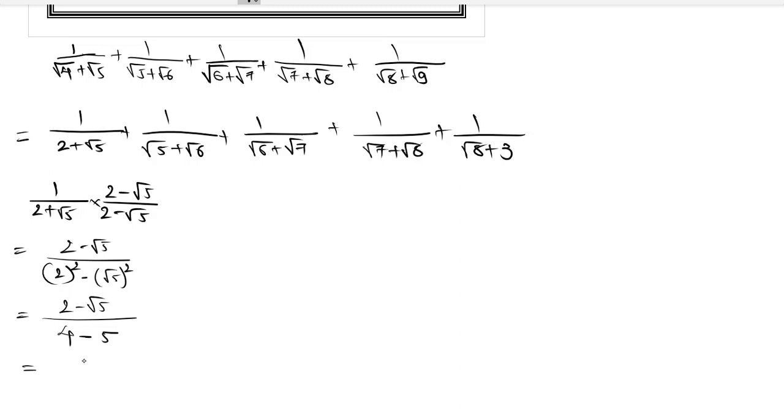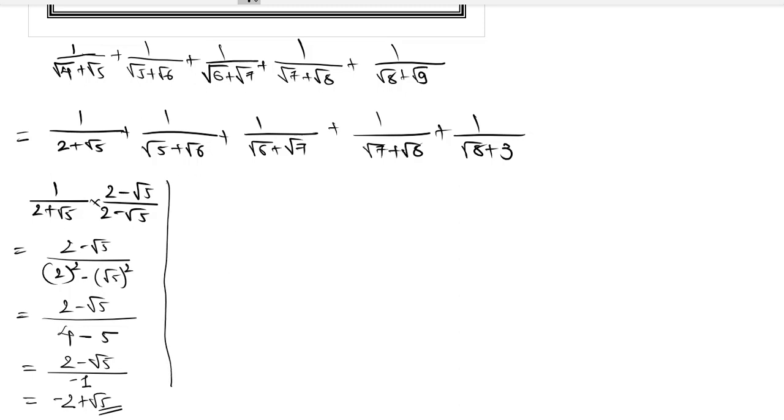So 2 minus root 5 upon minus 1, which is minus 2 plus root 5. Did you understand what I did? I took the minus sign in the numerator and multiplied the minus sign with 2, it became minus 2, and multiplied the minus sign with minus root 5, it became plus root 5. So this is the simplified form of the first fraction only.